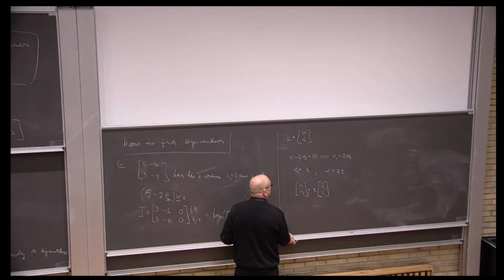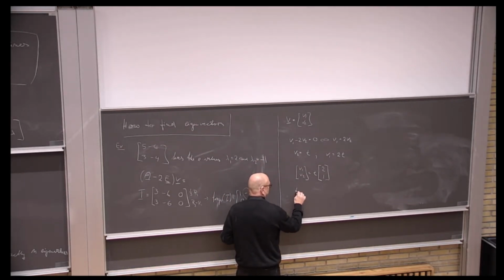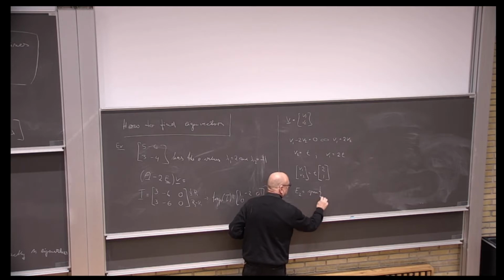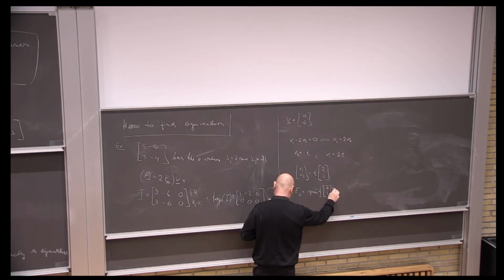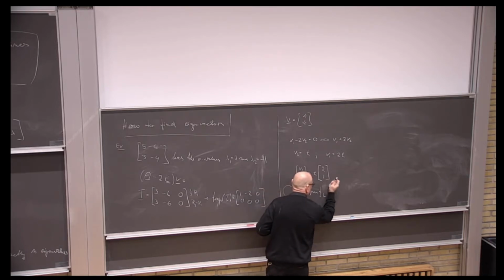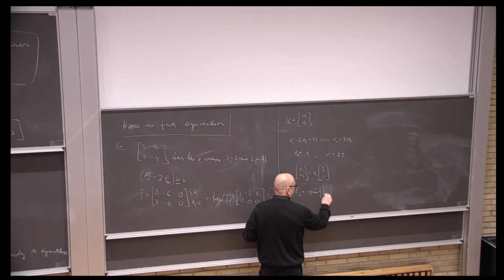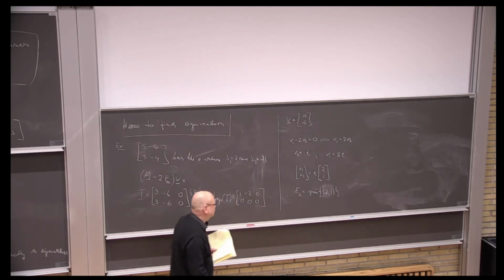So the eigenspace corresponding to the eigenvalue 2 is equal to the span of this vector 2, 1.